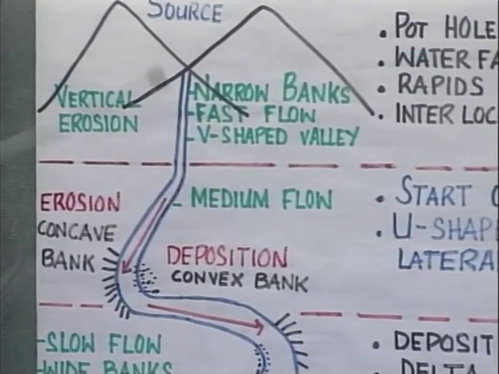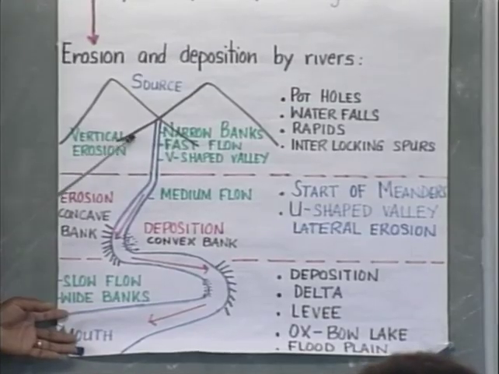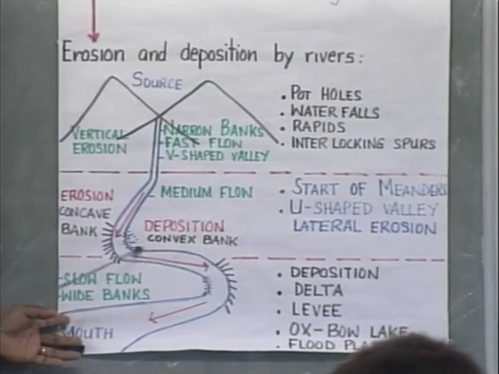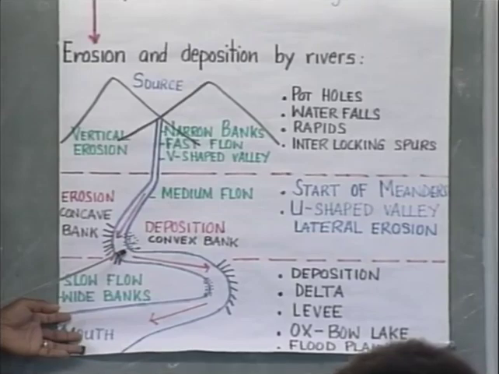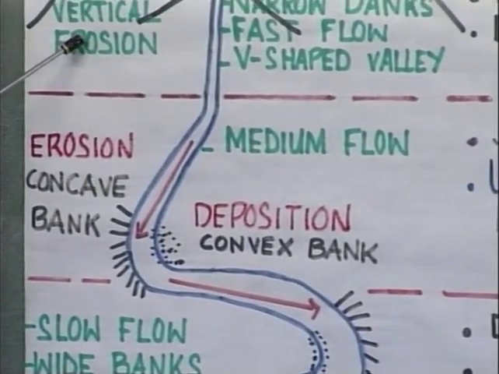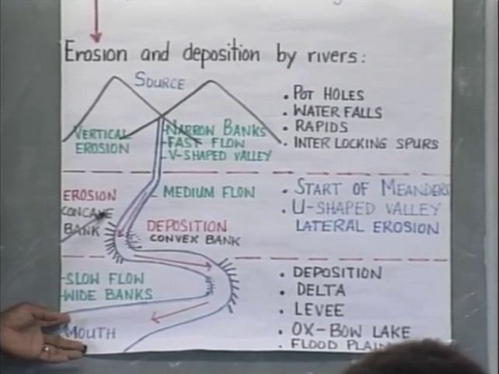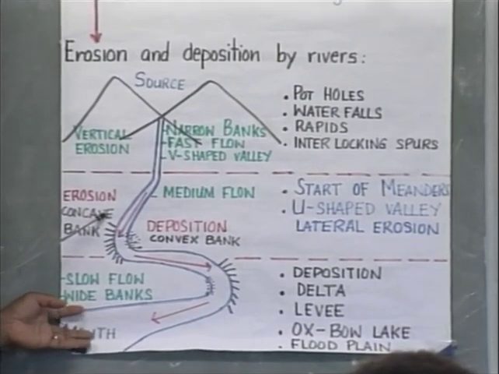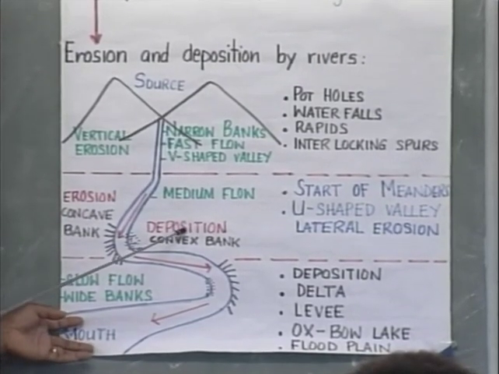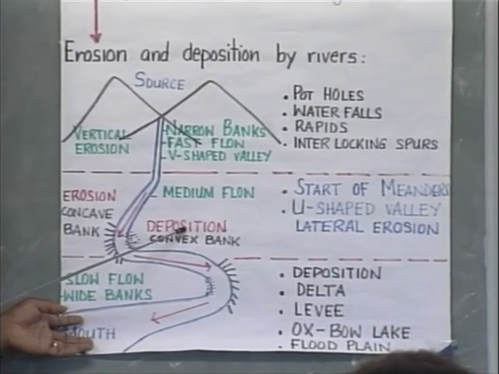We also looked at how vertical erosion is dominant in the first stage. This time when we come to the second stage, lateral erosion now will become dominant. And because of the lateral erosion in the second stage, the shape of the valley will no longer be V. Rather, the valley in the second stage becomes a U-shaped valley.